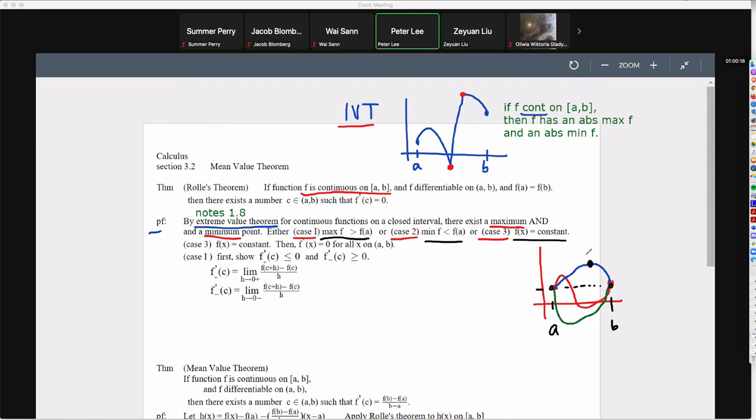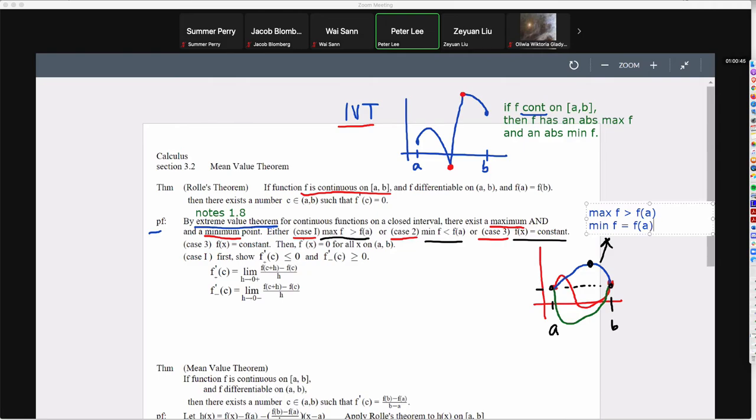Because if you look at case 2 and the blue curve here, what we see is that max f, let me write this in blue, is greater than f of a. That is true. But min f is equal to f of a.